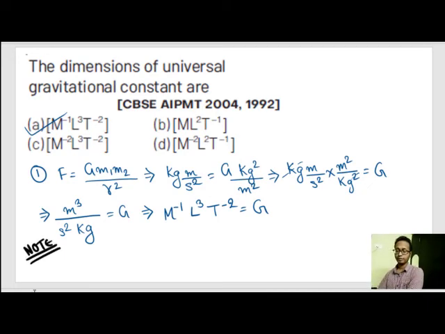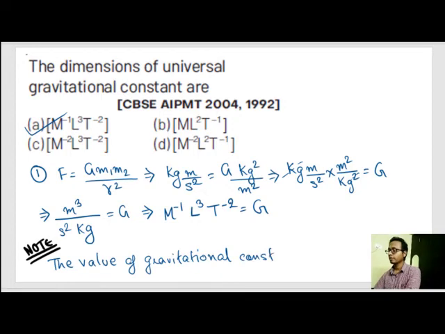The value of gravitational constant G is equal to 6.67 into 10 to the power minus 11 meter cube by second square kg. So write this where I left it off, and I have not given you this for homework.